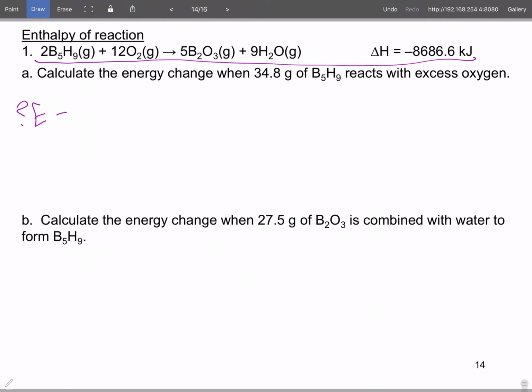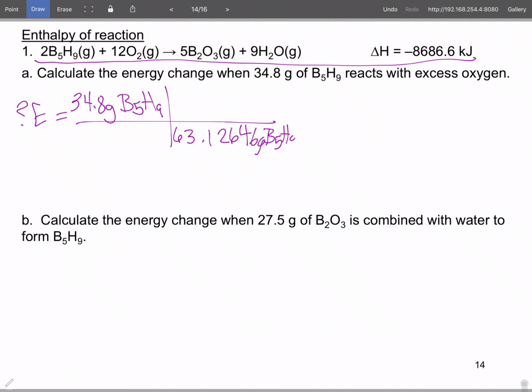We're going to start with our amount, which is 34.8 grams of pentaborane nonahydride. And we know that if we do our math, that it weighs 63.12646 grams, B5H9, per 1 mole.